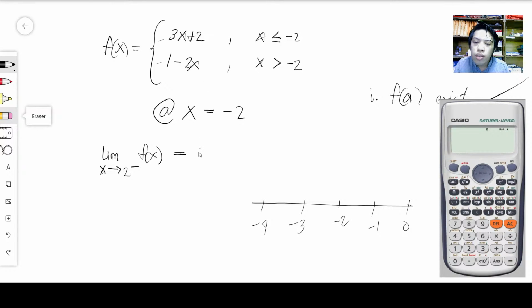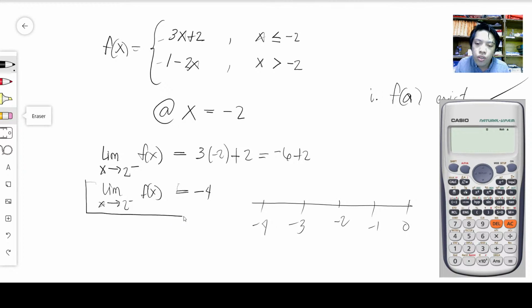When x is approaching from the left, the value of the limit is equal to 3 times negative 2 plus 2, which is negative 6 plus 2, and this is equal to negative 4. This means the limit of the function f of x as x approaches negative 2 coming from the left is negative 4. This is your left hand limit.